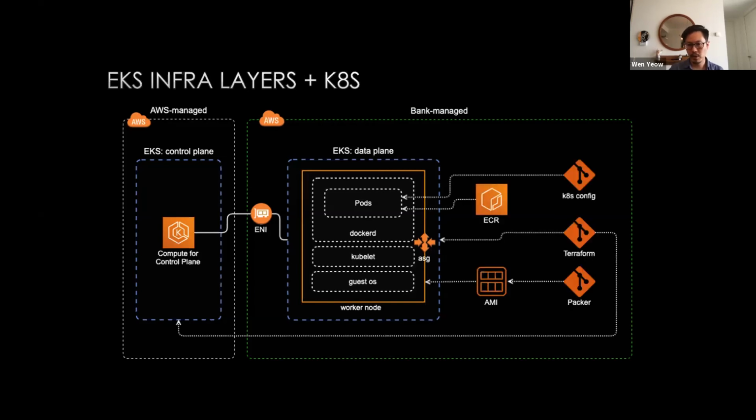Now, in terms of code, starting from the lowest layer, we have Packer. We'll talk about Packer shortly, but we have Packer code that produces a compliant AMI. We use Terraform to provision the control plane and the data plane using that AMI. Once the cluster is up and running, we then deploy the pods. We deploy the Kubernetes configs into the cluster.